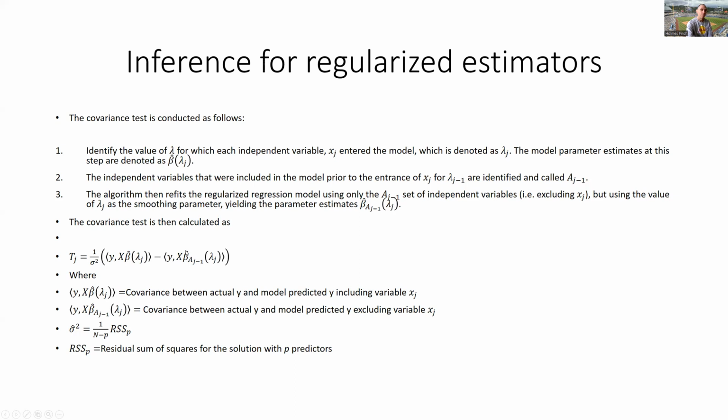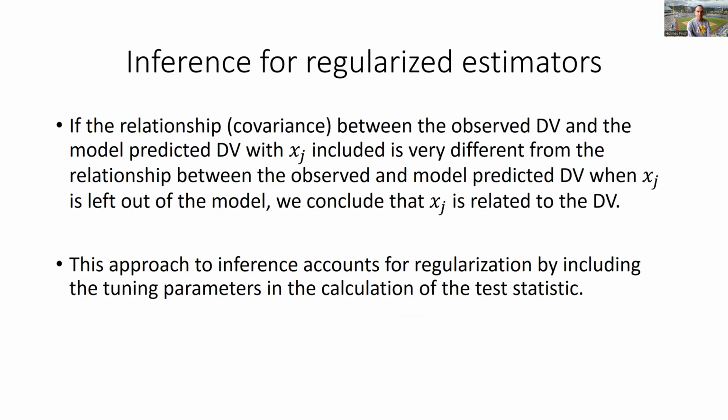And so, like I said, this T sub j, we're going to get one for every independent variable, and it's distributed as an F statistic, and then we can get p-values for it just like you would for an F from an ANOVA. So that's how inference for regularized estimators works, and it's kind of cool if you ask me.